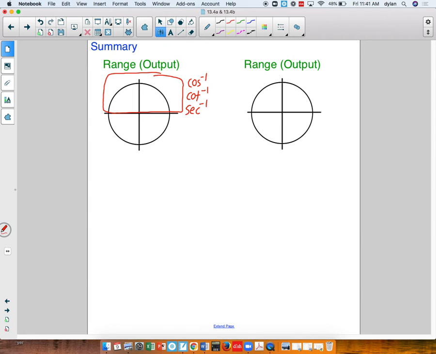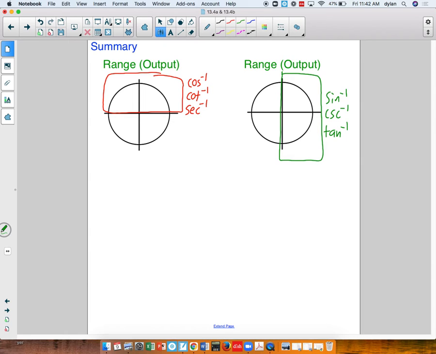These are the three that have allowable ranges for their inverse functions in the first two quadrants. And then the three functions that have allowable ranges in the first and fourth quadrant are sine inverse, cosecant inverse, and tangent inverse. So these are what you'll need to keep in your head as you're going through and evaluating different inverse values.